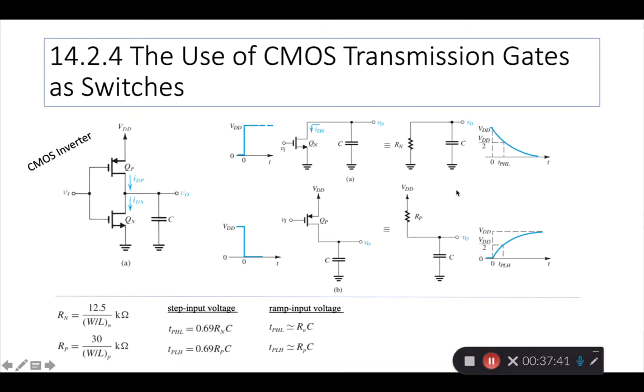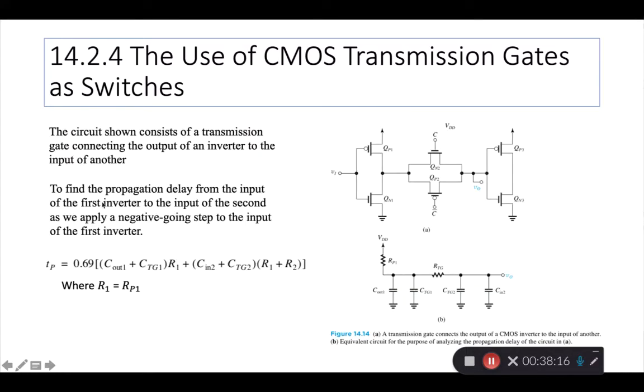Sometimes in these problems, they ask you to take the switch stage and the next inverter stage and do the analysis together to find the time for TPHL and TPLH. So that's why I've repeated most of these formulas again. There's an Rn and an Rp, and for the Rp it's slightly different. We have seen these formulas before, but I brought them back so that you'll notice them in the next two slides where we talk more about time.